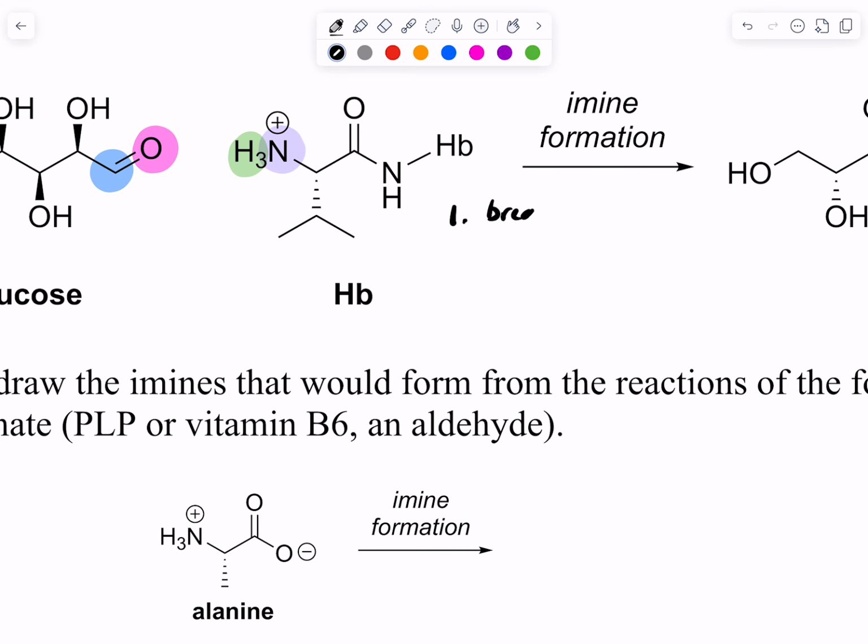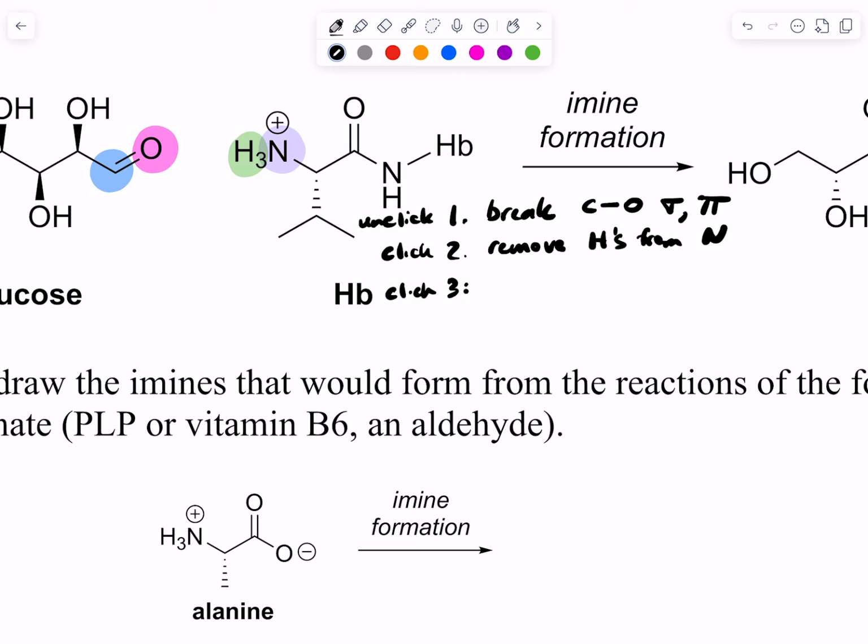Conceptually, you're going to break the carbon-oxygen sigma and pi bonds. That's click 1. Then click 2, remove protons from nitrogen. Click 3 is make nitrogen-oxygen sigma and pi bonds.